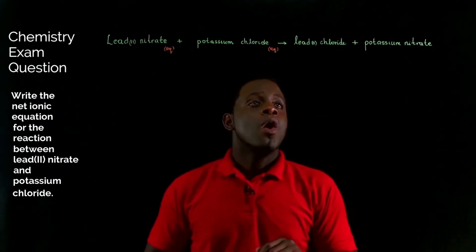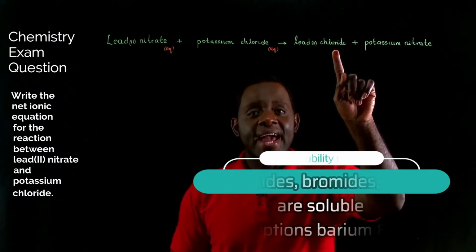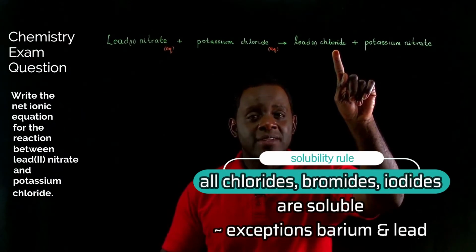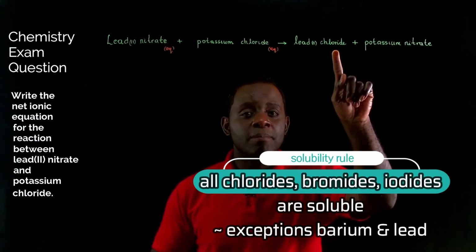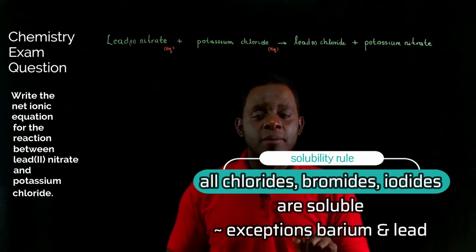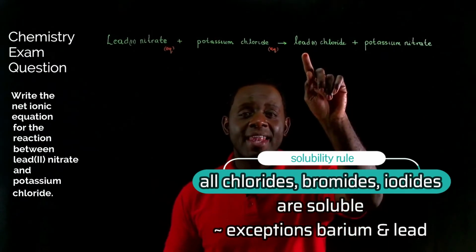But when a compound has the halides, that is, chlorides, bromides, iodides, then those compounds are soluble except if those compounds also have barium or lead.